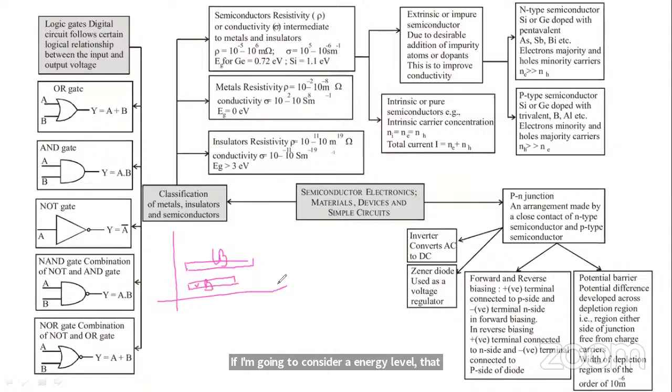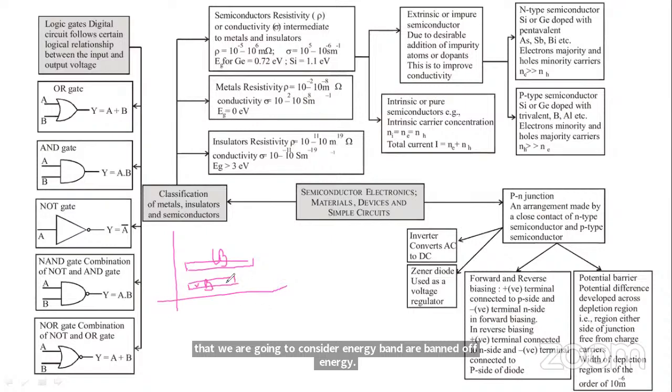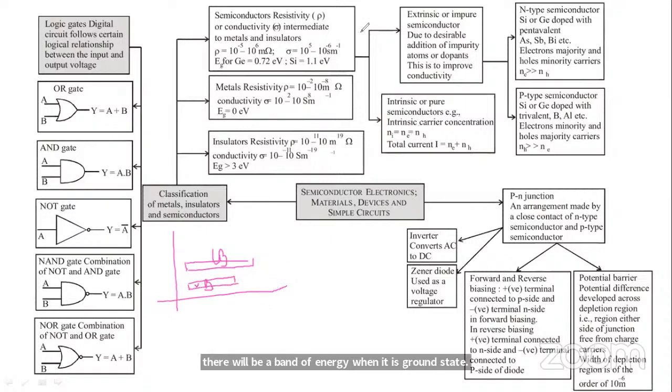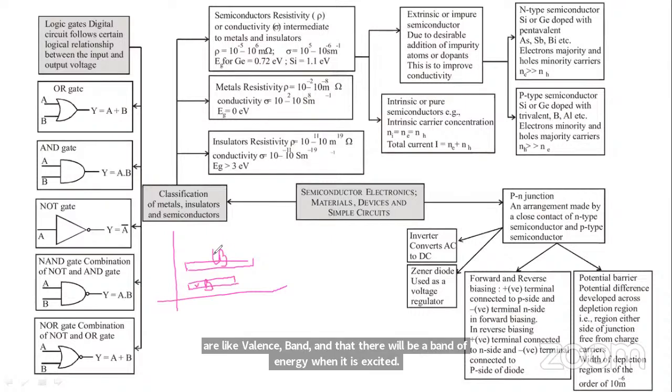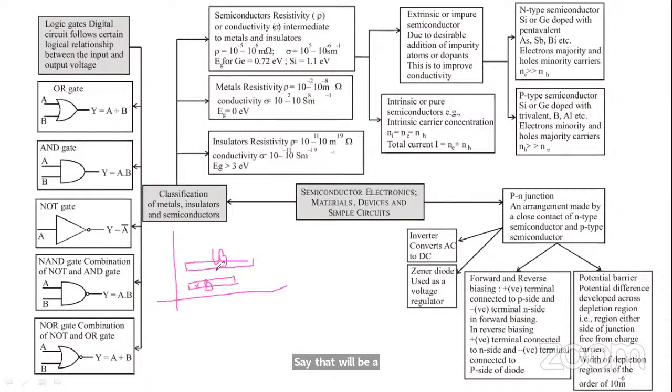If a bunch of energy levels is there, we consider it an energy band, or band of energy. There will be a band of energy in the ground state, the valence band, and a band of energy in the excited state, which we call the conduction band. This is the conduction band, and this is the valence band.